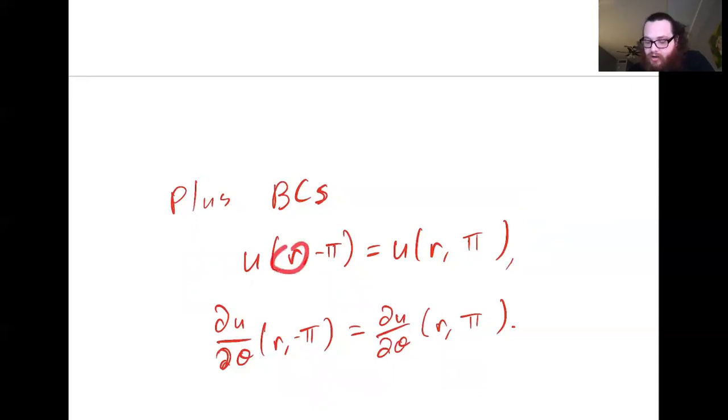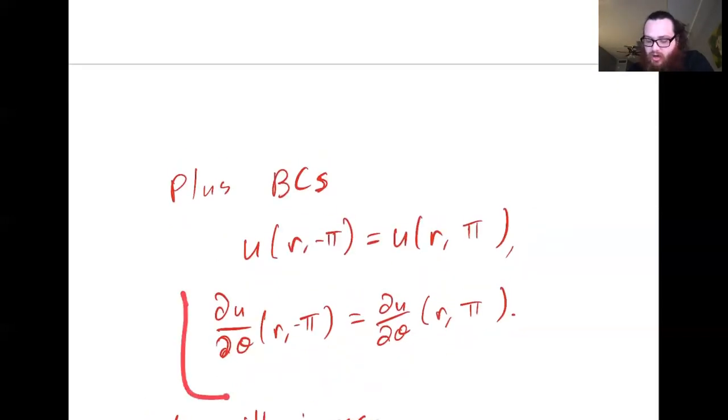For every r, what is the temperature at θ equals minus π? Well, since we're gluing that line segment minus π to π, we would like the function u to be continuous across that line segment. So in practice, we say u(r, -π) is equal to u(r, π).